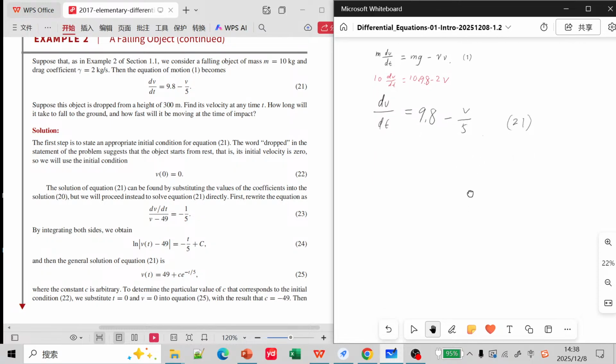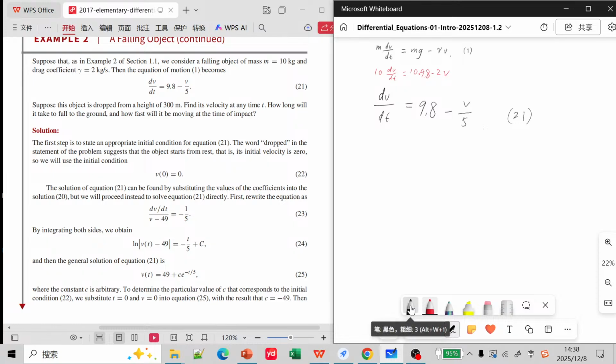Okay, let me write it down first. v of 0 is equal to 0. This is equation 22.